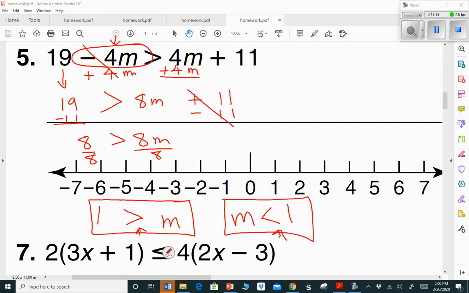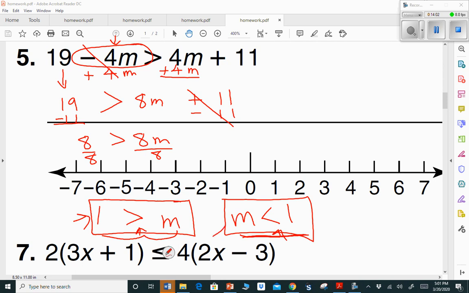See, this says 1 is greater than m right here. So if 1 is greater than m, then m is less than 1. m is less than 1. So if you move the variable to the left like that, that changes the direction of that greater than or less than.